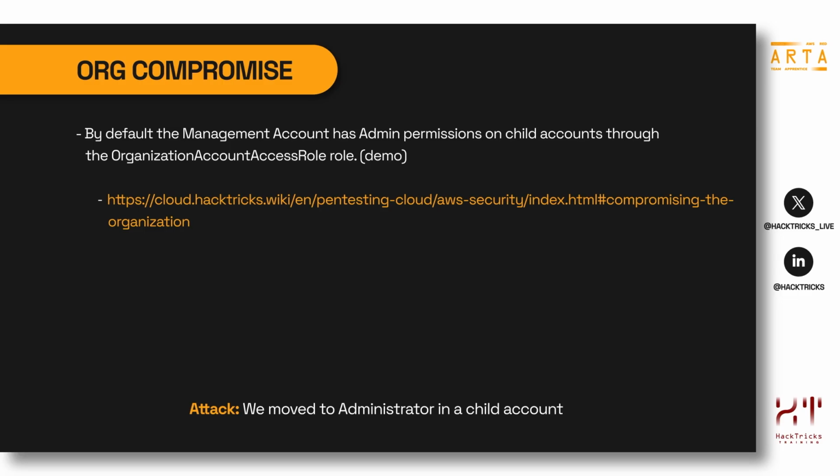And this role is going to trust the organization root account, and is going to have administrator access inside the children account. We saw this at the beginning of this course, and you can find more information if you don't remember about it in Cloud HackTricks.